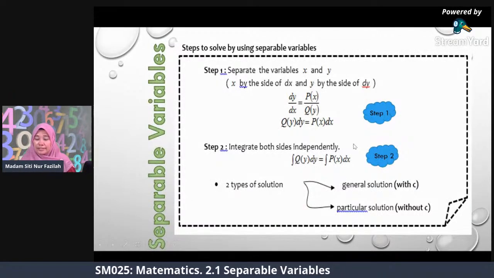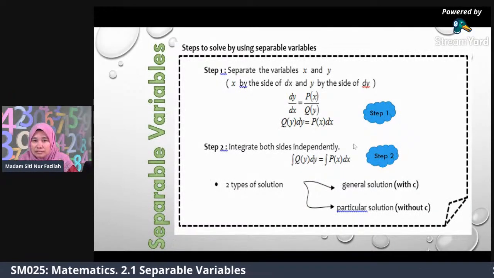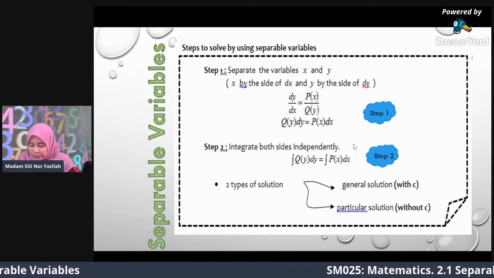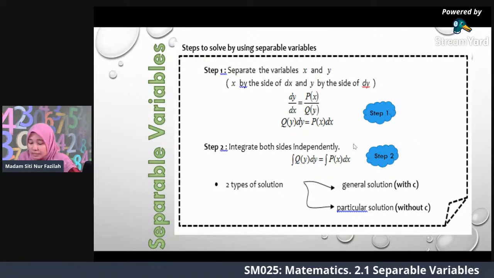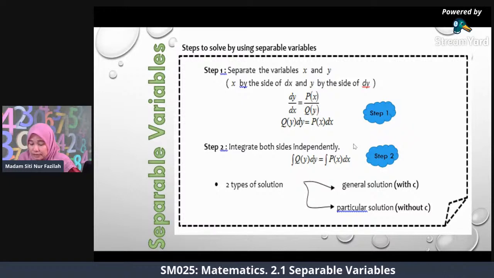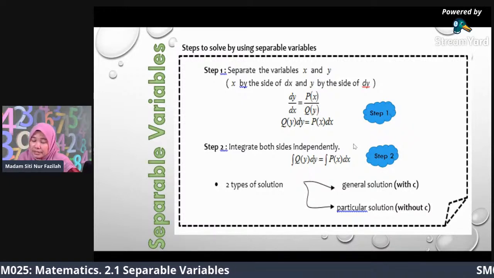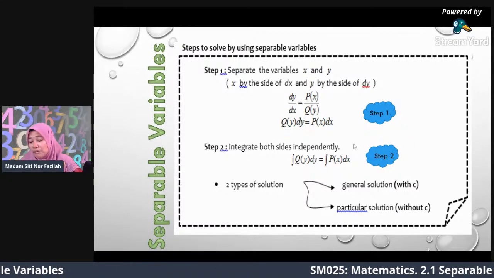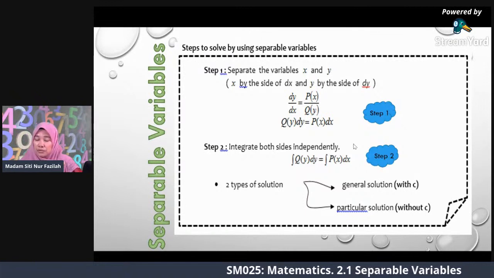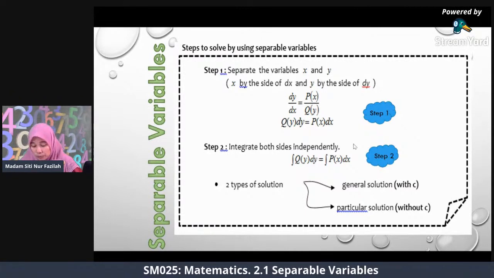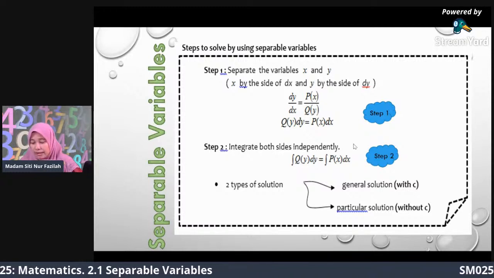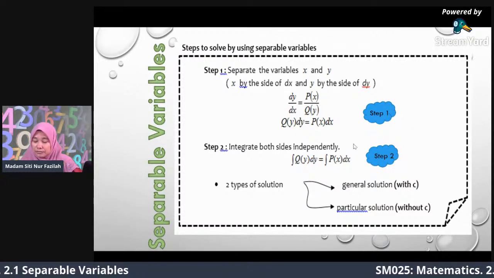Okay, we have another step to solve by using separable variables. Just note here is step 1. We try to separate the variables x and y. That means we separate the function of x and the function of y. Always put x by the side of dx and y by the side of dy.